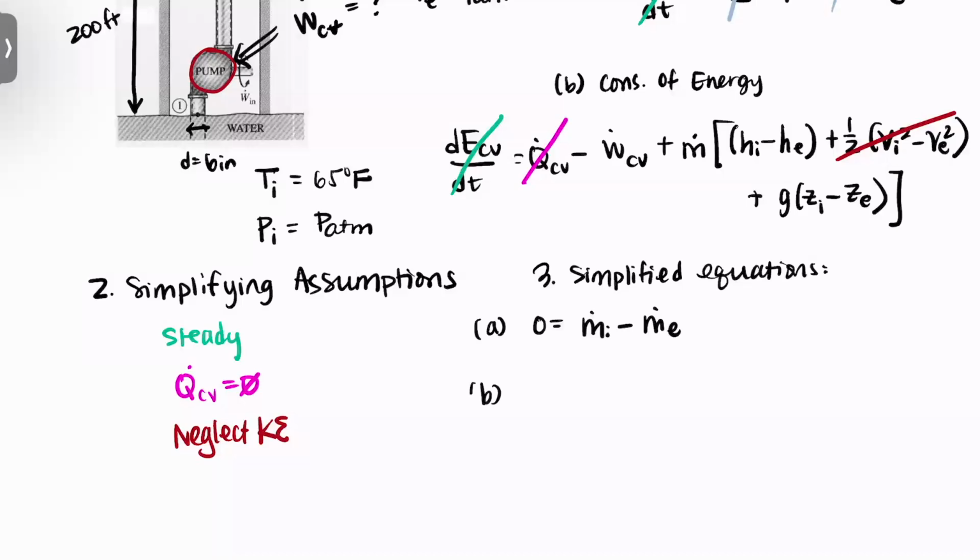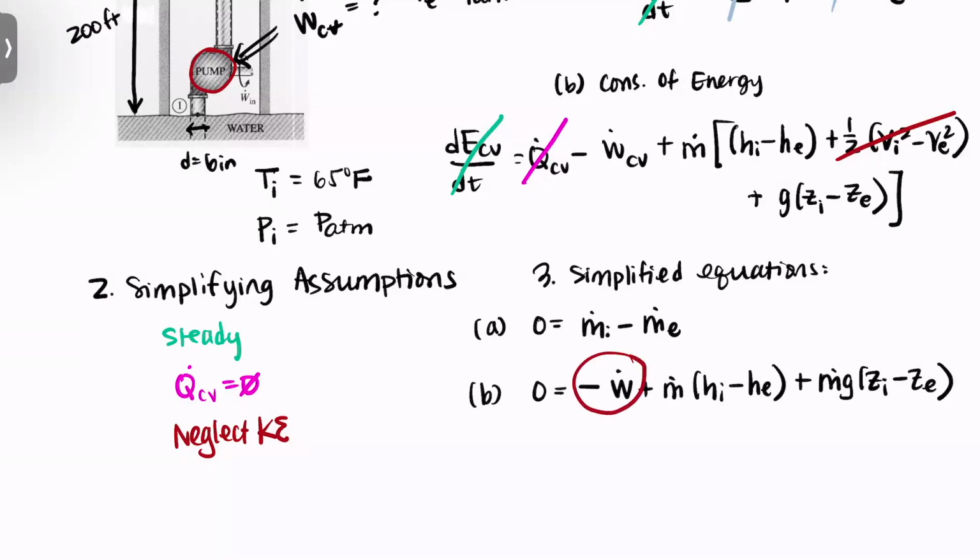And then we have that for energy, 0 is equal to minus W dot plus m dot times HI minus HE plus m dot g times ZI minus ZE. Okay, we want to find this. So I'm going to solve for it. So I have that W dot is equal to m dot times HI minus HE plus m dot g times ZI minus ZE.